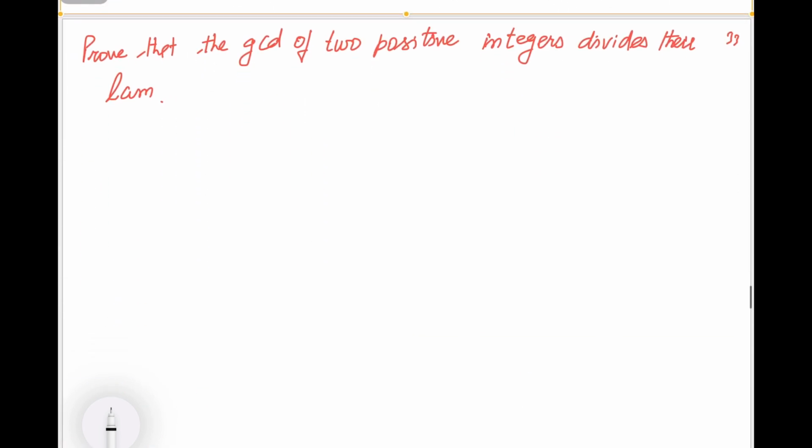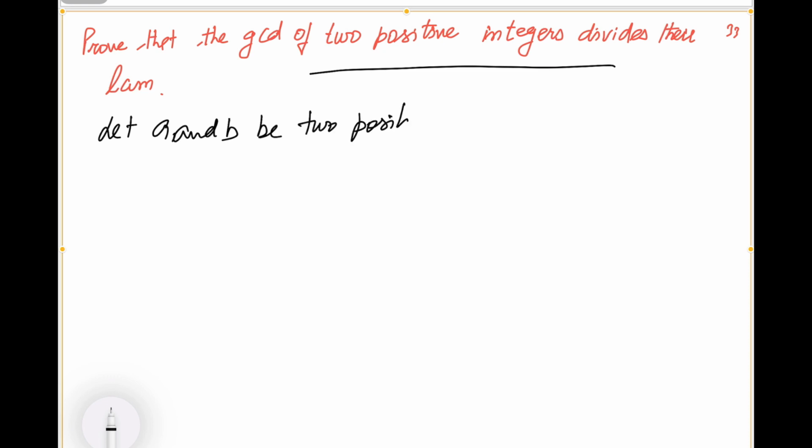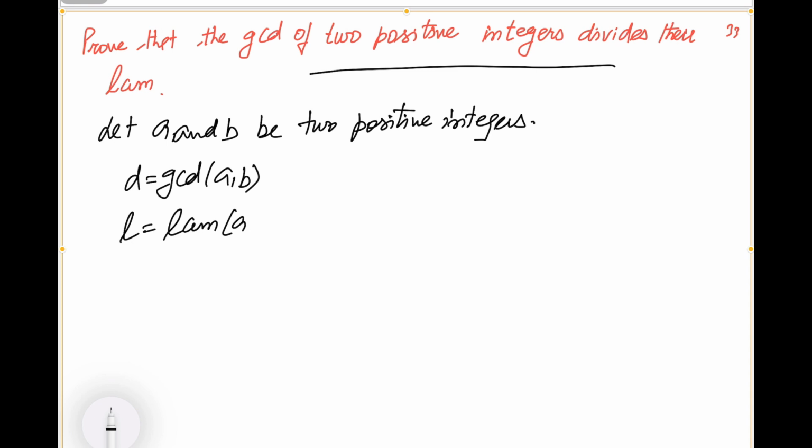Now, next question. Prove that GCD of two positive integers divides their LCM. So let a and b be two positive integers, and further let d be the GCD of a and b and L be the LCM of a and b.